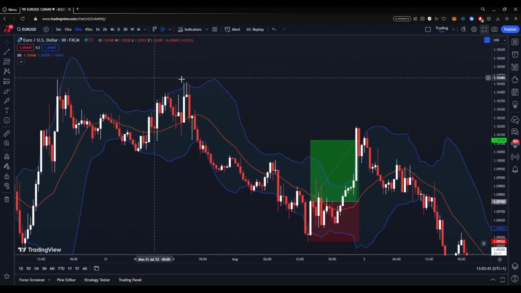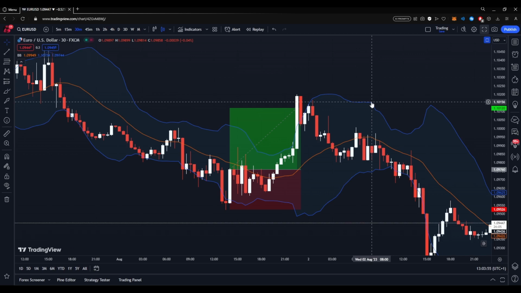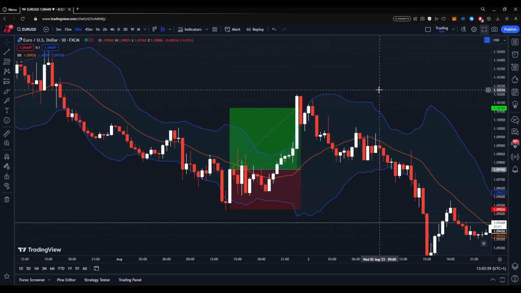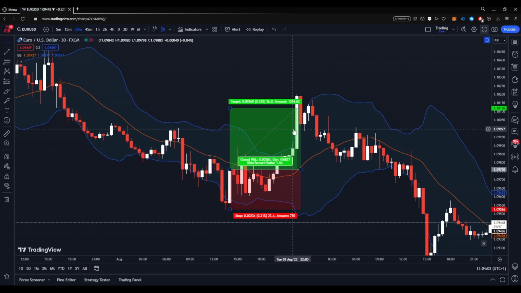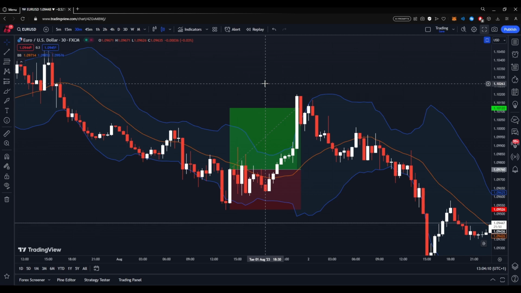I mean, this indicator is really versatile. But in this example, I'm going with the touch or the break of the band to keep it simple and easier for you to understand. So now I'm going to test the strategy 100 times using EURUSD, AUDUSD, and GBPUSD and showing you all the results.